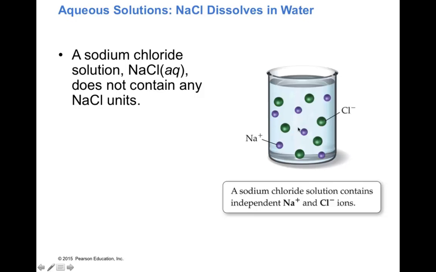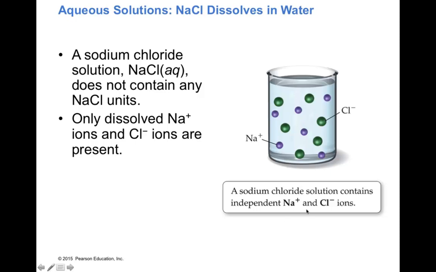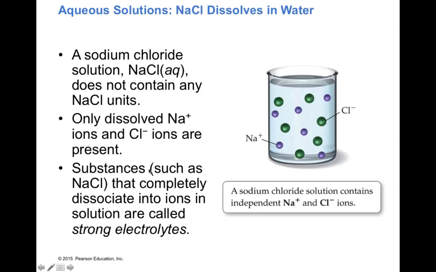We have positive sodium ions, the purple spheres, and also the chloride ions, the green spheres here. When you separate those ions, you're doing a dissociation, and they have also been dissolved in water. That's why they are soluble in water. It's an aqueous solution, so only dissolved sodium ions and chloride ions are present in this type of solution.